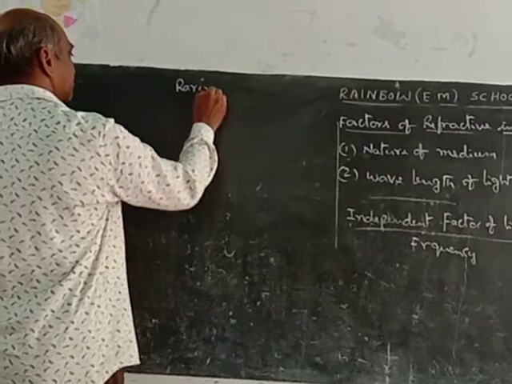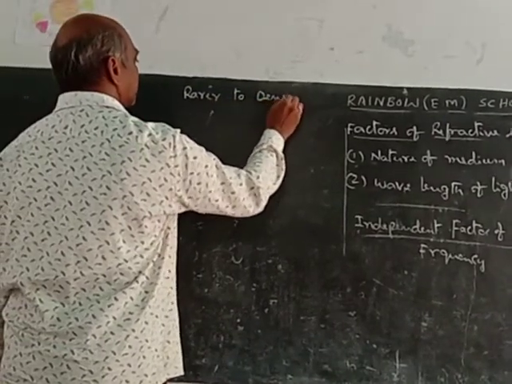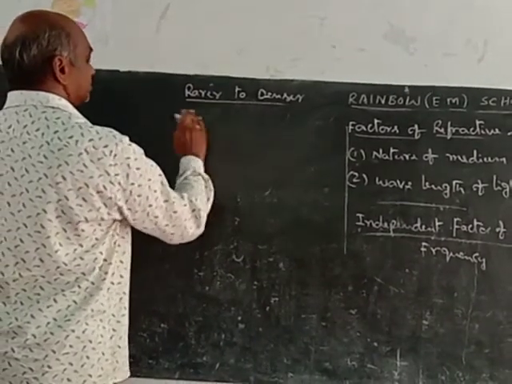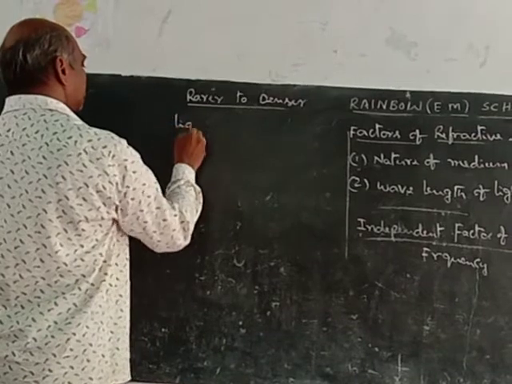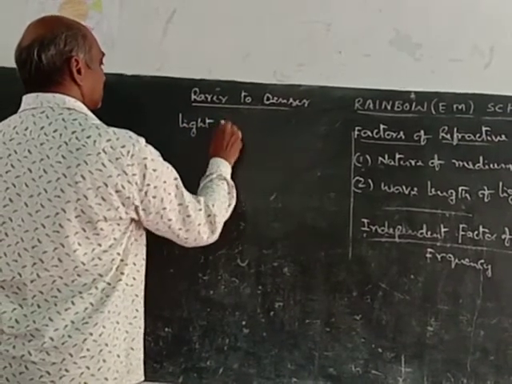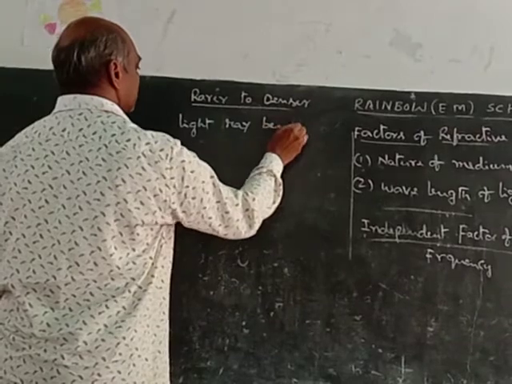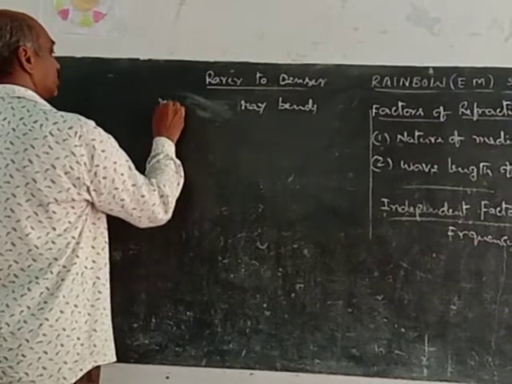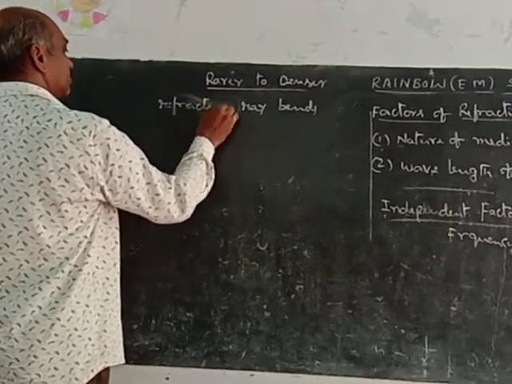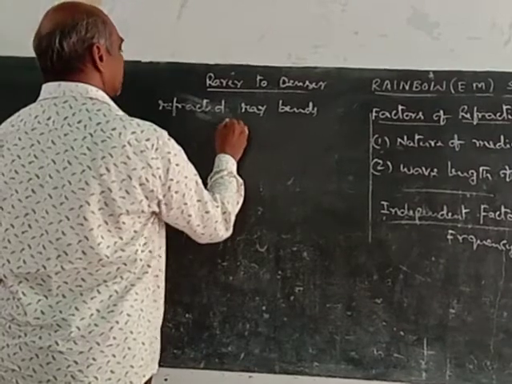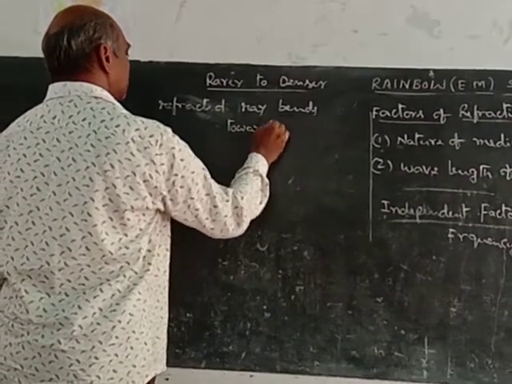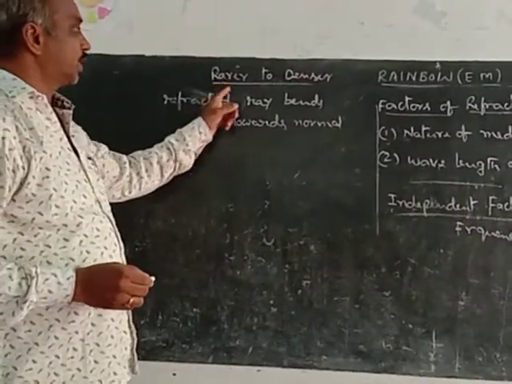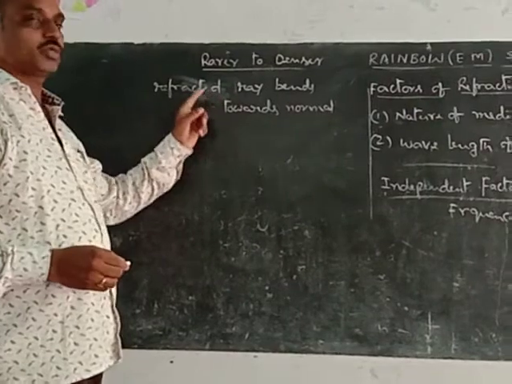Rarer to denser. Suppose light ray travels from rarer to denser medium, the refracted ray bends towards normal.